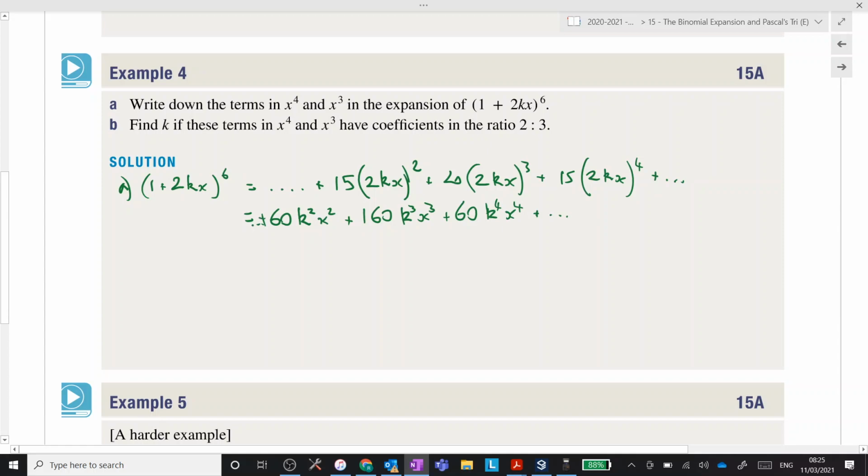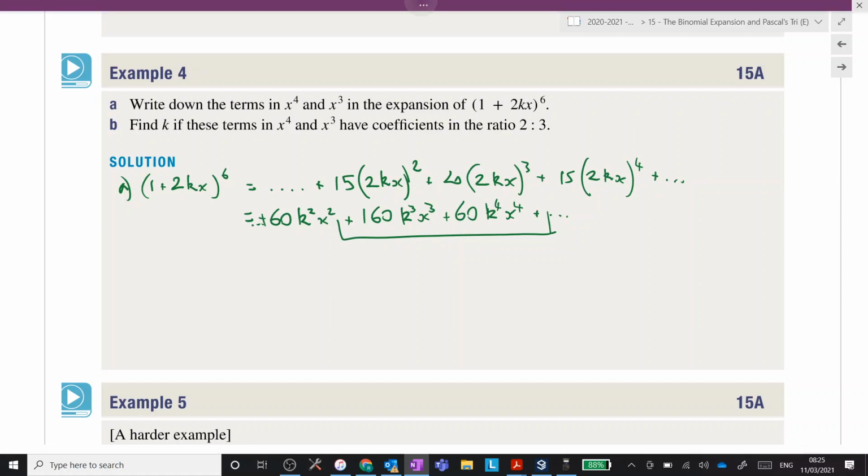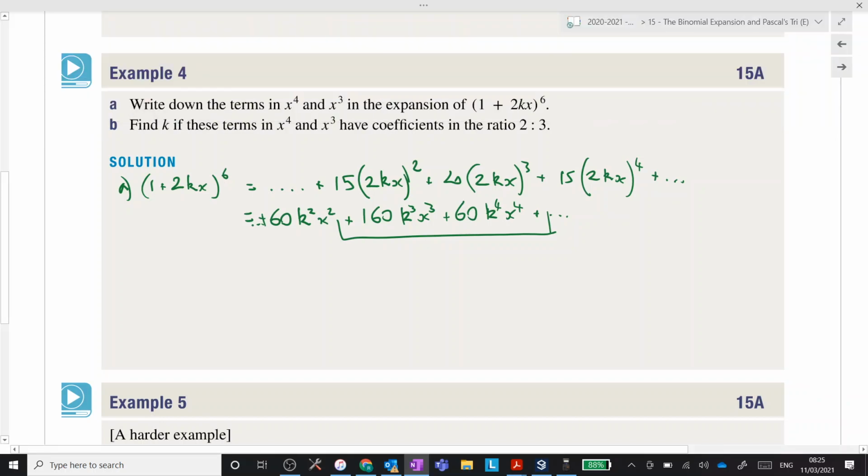Cool. So you only really needed to do those two. They're the only ones they asked for. We happy with that process? Pretty simple.